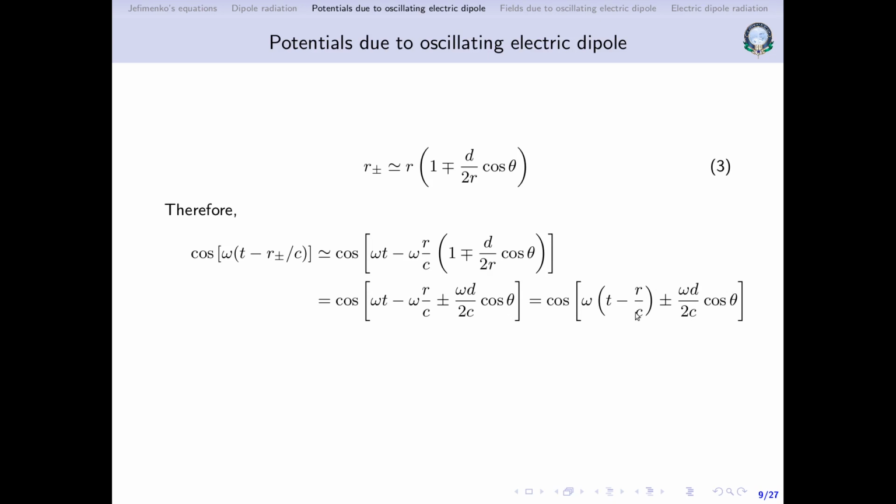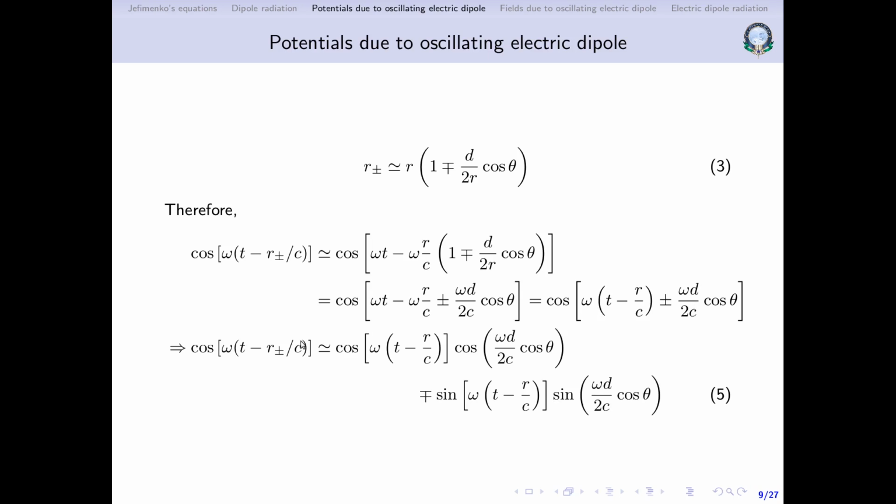Now this is nothing but cos of a plus b or a minus b. We know that cos of a plus b is equal to cos a cos b minus sin a sin b, and cos of a minus b is equal to cos a cos b plus sin a sin b. That means the first term will be the product of cosines and the second term will be the product of sines, and the sign in between will be the opposite of whatever sign we have between a and b.